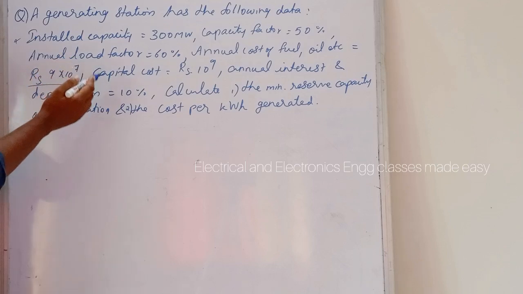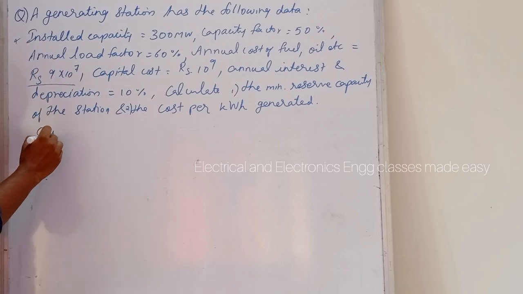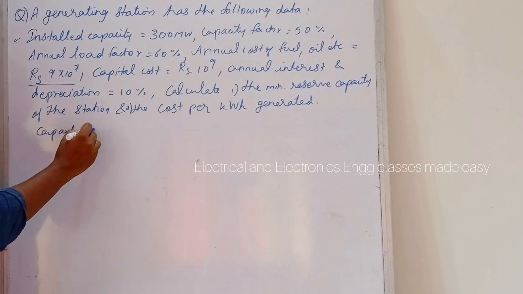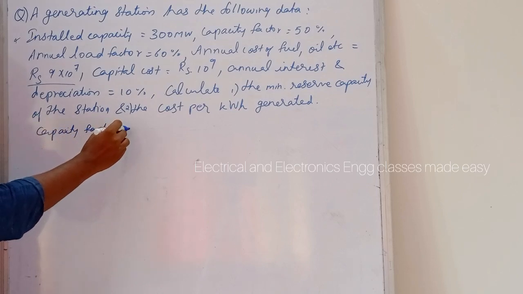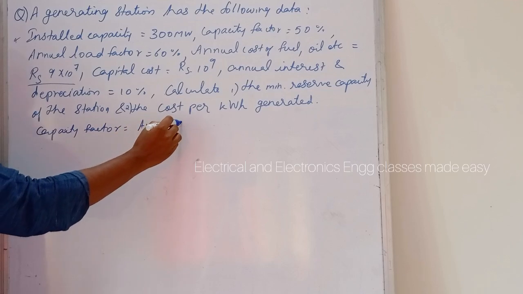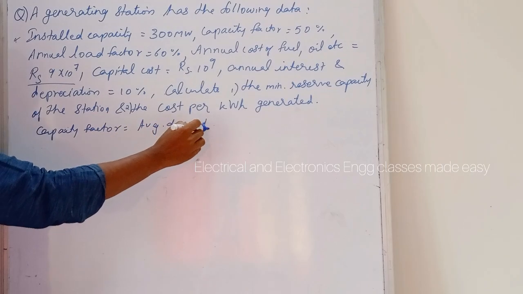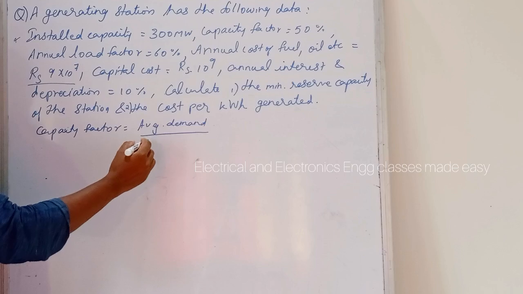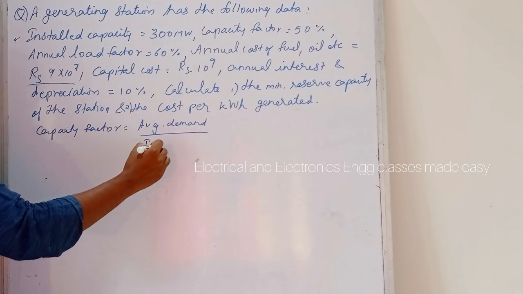So capacity factor equal to average demand divided by installed capacity or planned capacity.